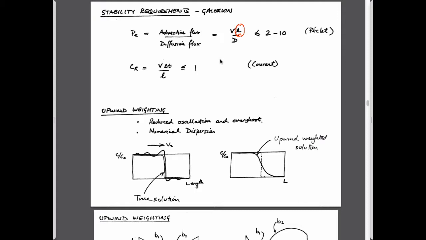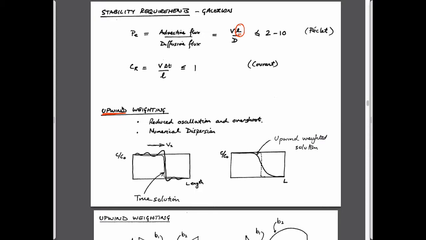The other one is to do something with the shape functions, and there are other solutions as well, but the ones we'll look at use what's referred to as upwind weighting. All it does is change the amount of influence that you apply in the upstream direction relative to the downstream direction by using different weighting of the shape functions.